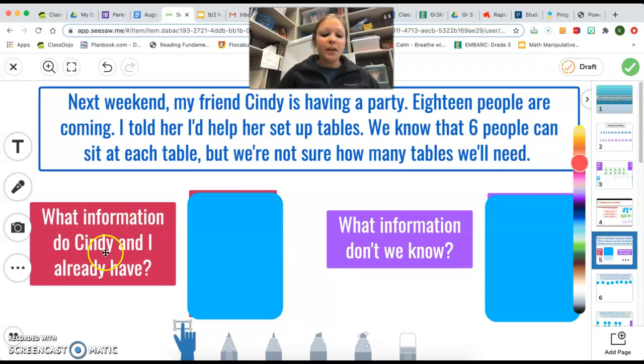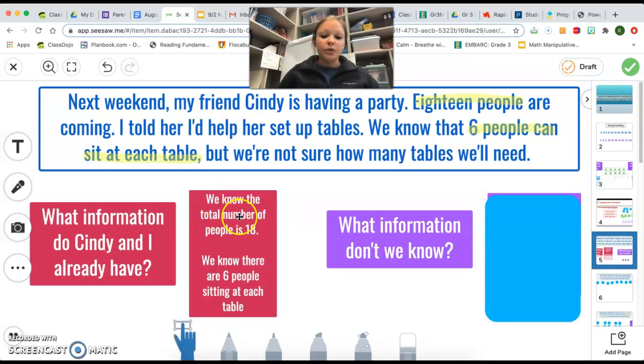So what information do Cindy and I already have? Well, we know that there are 18 people coming, and we know that 6 people can sit at each table. So those are bits of information that are important that we know. We know the total number of people is 18. We know there are 6 people sitting at each table.